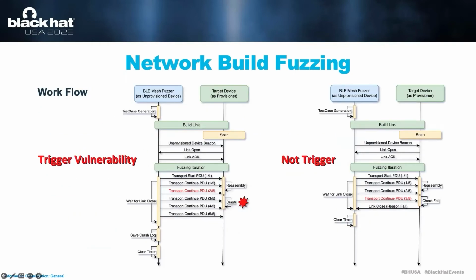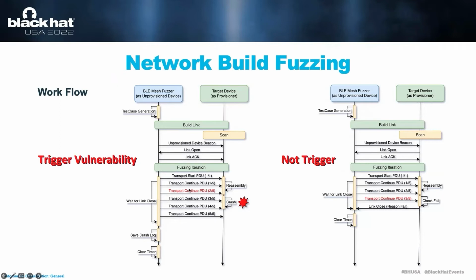And these two sequence diagrams show how the network build fuzzer works. The first diagram shows the case that triggers a vulnerability. At first, the fuzzer will generate a test case, which is composed of several segmented packets. Then the fuzzer follows the normal provisioning procedure and builds a link with the target device. And when the link is established, the fuzzer starts to send segmented packets, as well as waits for the link close.